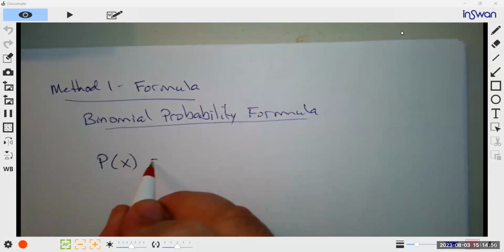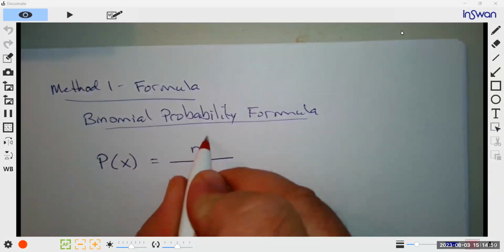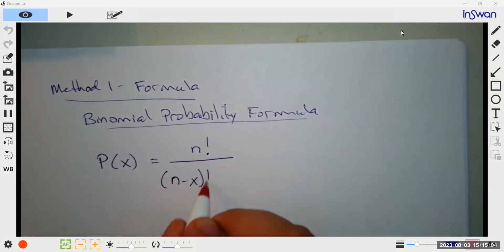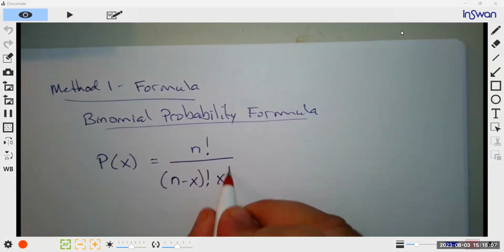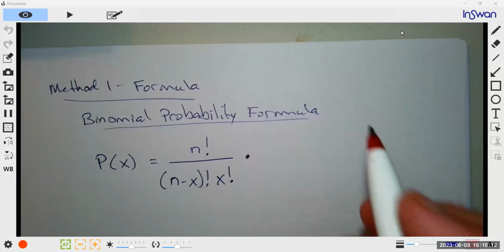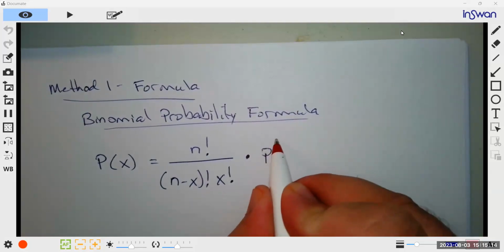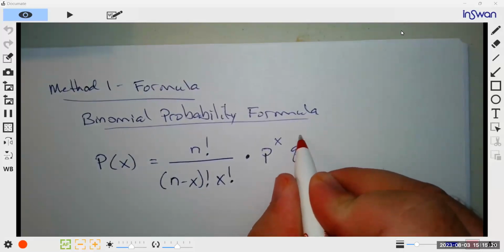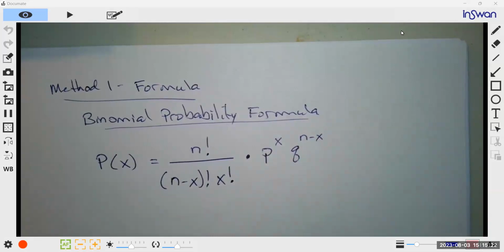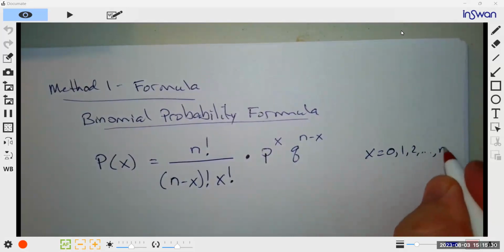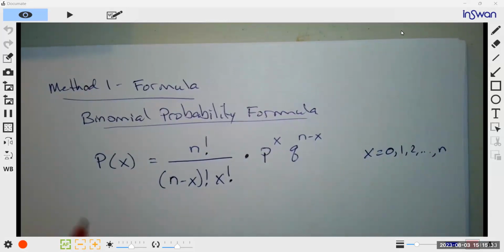The probability of x equals n factorial over n minus x factorial times x factorial. So that's the permutations times the probability of success raised to the power x, times Q, probability of failure, raised to the power n minus x, where x is equal to numbers from 0 all the way to n, any of those numbers.